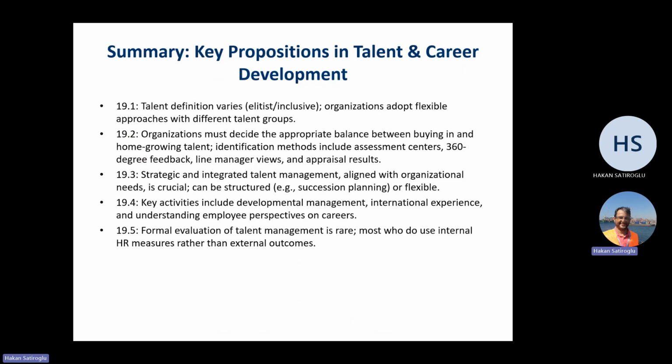It is a complex, multifaceted domain demanding strategic foresight and agile execution. As master's graduates, your mission is to transform these propositions into action strategies that drive both individual growth and organizational success.